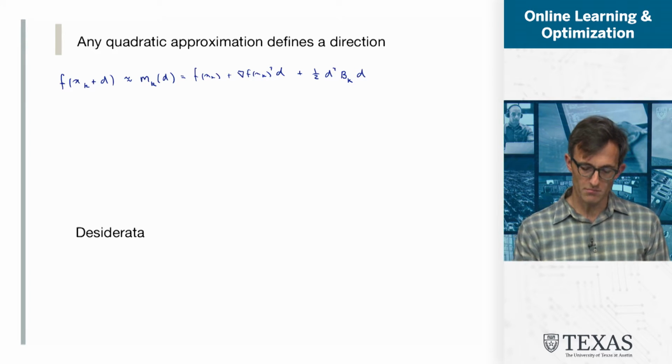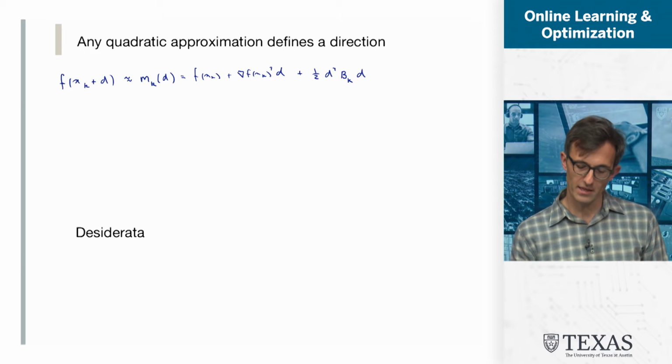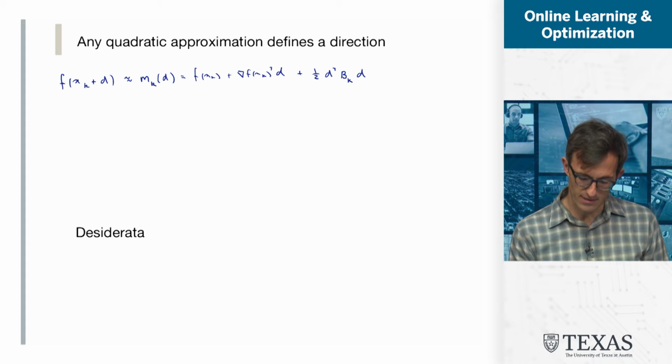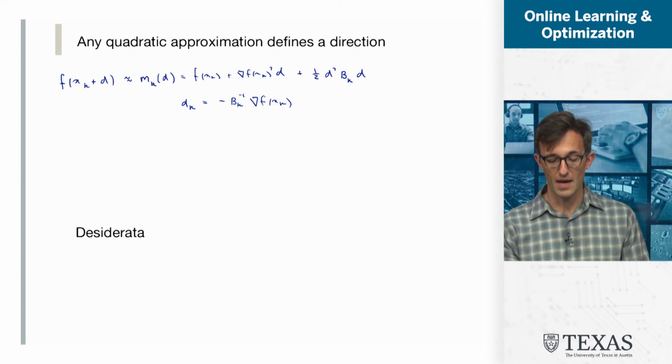So the point is that given this approximation, I can just minimize the right-hand side and find that d_k is equal to minus B_k inverse times the gradient of f of x_k. That's the optimal d_k.